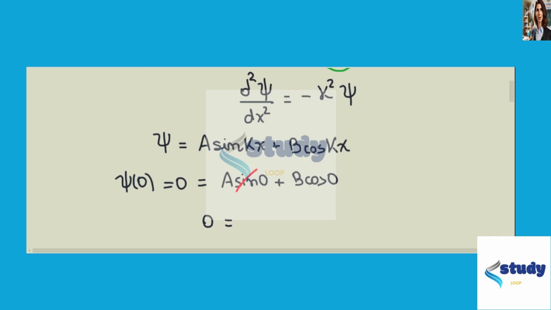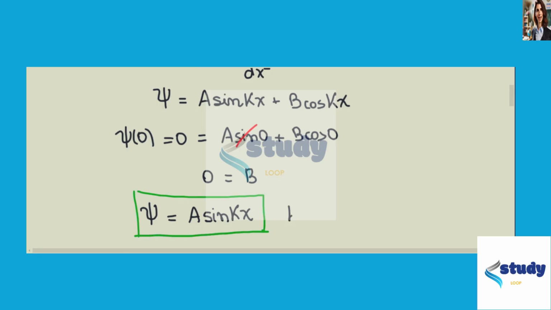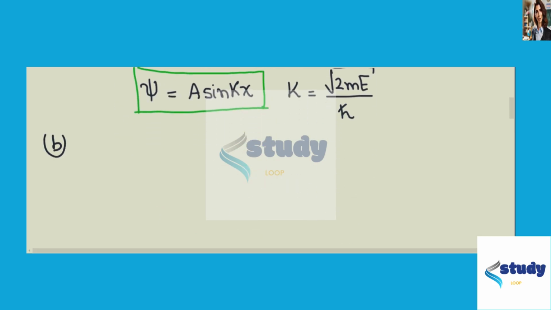We get that 0 is equal to b since the cosine of 0 is 1. So since b is equal to 0, phi must be equal to a times the sine of kx. So this is the solution to question A, where k is the square root of 2mE over h bar squared.